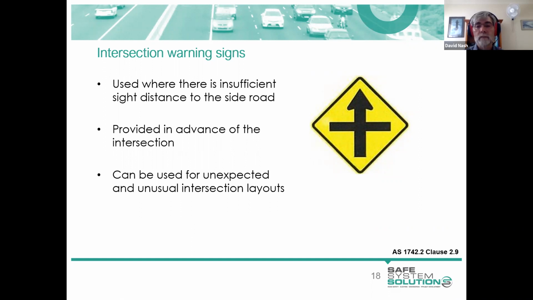And not only is that an important message to convey to the driver, but it's also an important message to convey to the practitioner to make sure the practitioner uses the correct sign.